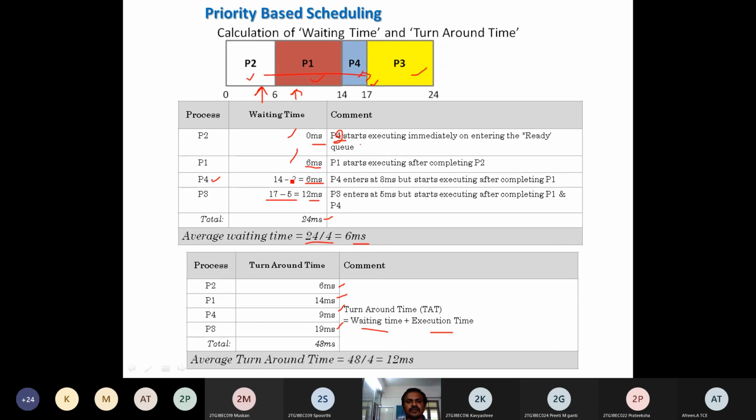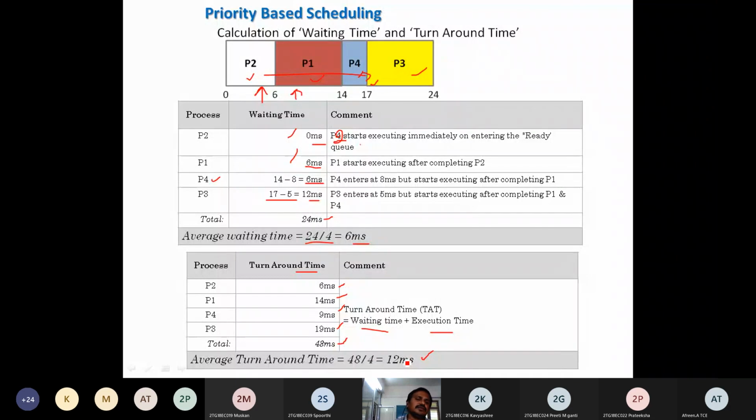Plus in the problem statement we know its execution time. So the sum of both numbers is the turnaround time. So the total turnaround time from all processes is 48 milliseconds. So on average it is 12 milliseconds for any process. So average turnaround time is 12 milliseconds.